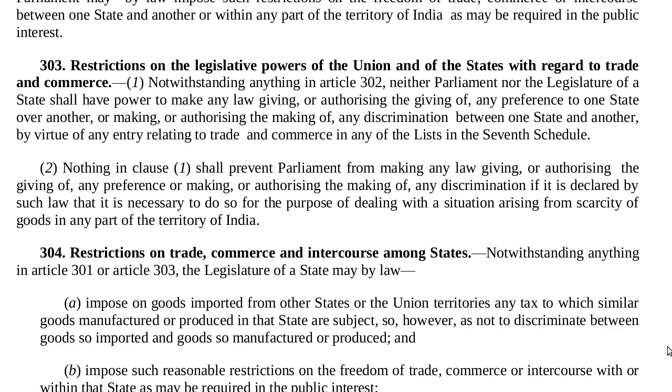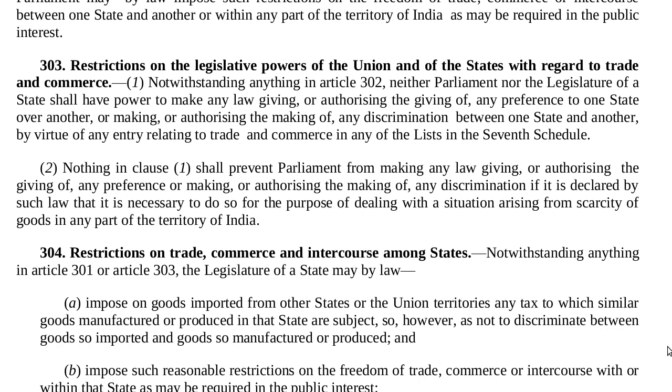Notwithstanding anything in Article 302, neither Parliament nor the legislature of a state shall have power to make any law giving or authorizing the giving of any preference to one state over another, or making or authorizing the making of any discrimination between one state and another, by virtue of any entry relating to trade and commerce in any of the Lists in the Seventh Schedule.